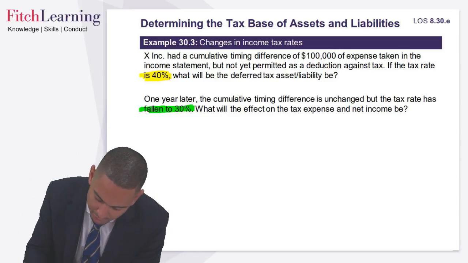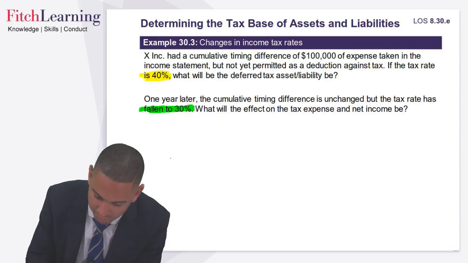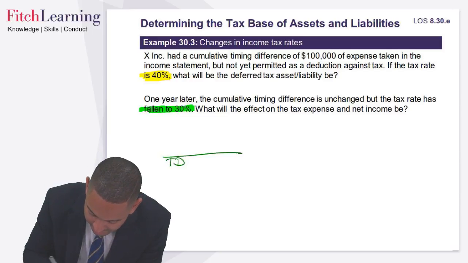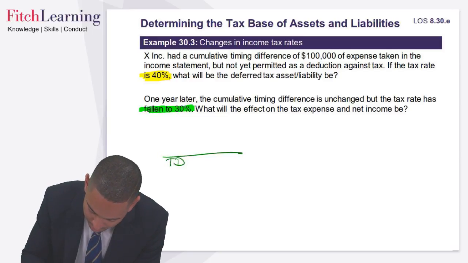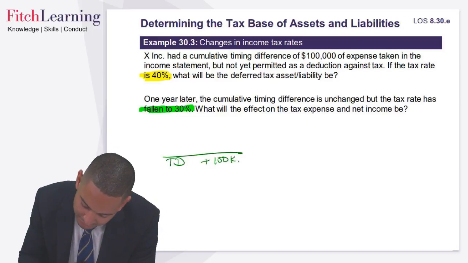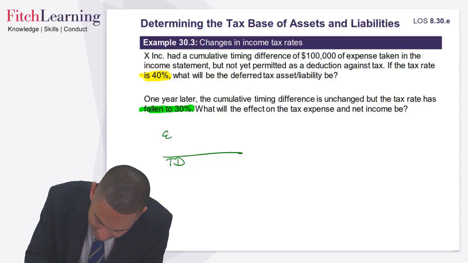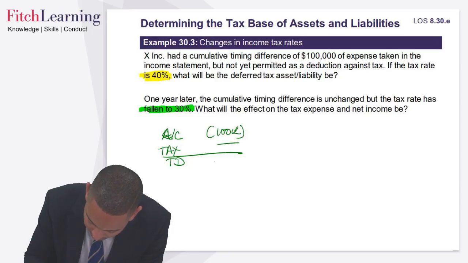So let's just quickly run through this example. I have an accumulated temporary difference or timing difference here below the line of 100,000. And in fact, they've told me what it is. They've told me that I've taken an expense through my accounts of 100,000, which has not gone through the tax authority.